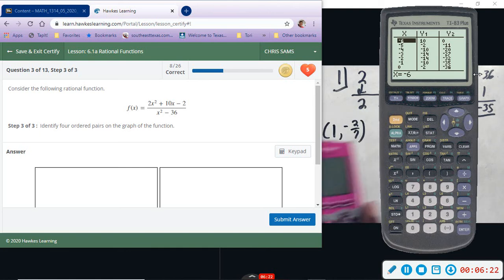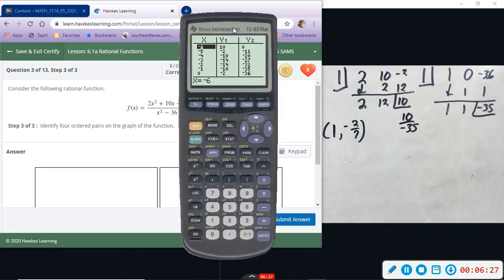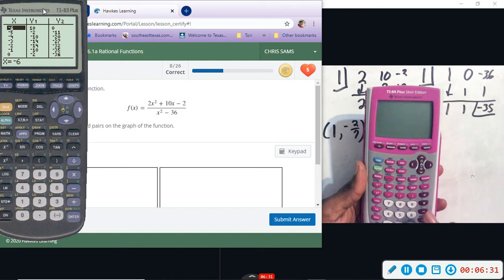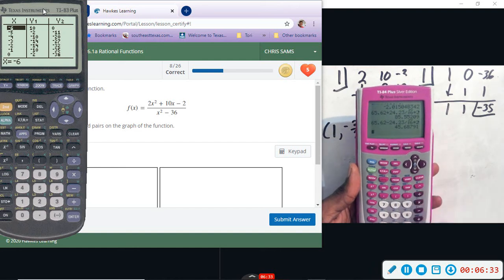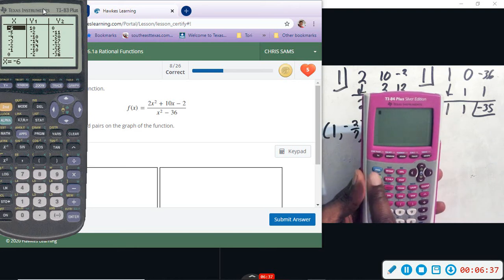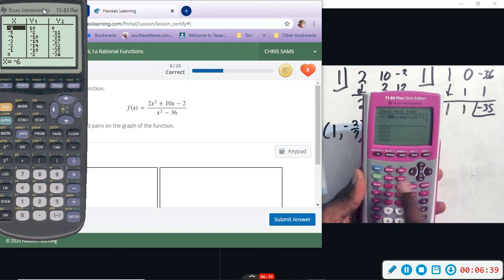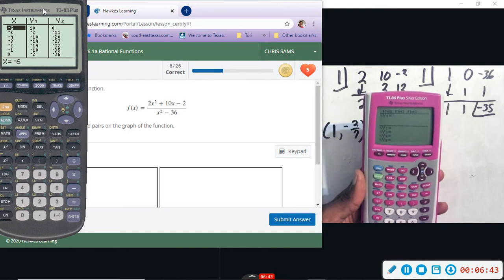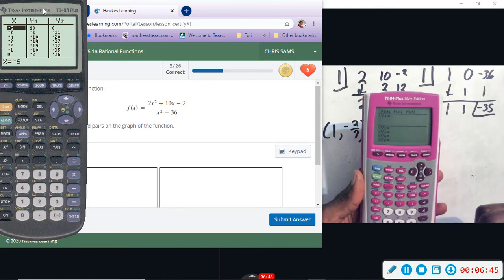However, let me move this over so I can see. If you have a TI-84, this is better. This is my cousin's calculator, so don't judge me because it's pink. Okay, go to y equal. I'm going to clear out what I have. Now this one has an operating system, so I can type it in the same way it appears.